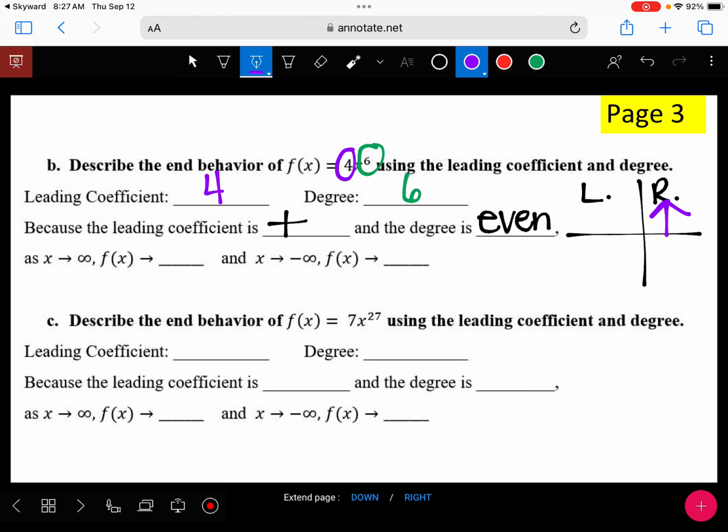That positive leading coefficient tells the right side what to do. Now the left side is either going to do the same or the opposite, and that depends on if the degree is even or odd. Because it's even, it's going to do the same thing. It's going to go up. So because both sides go up, both sides are approaching positive infinity.